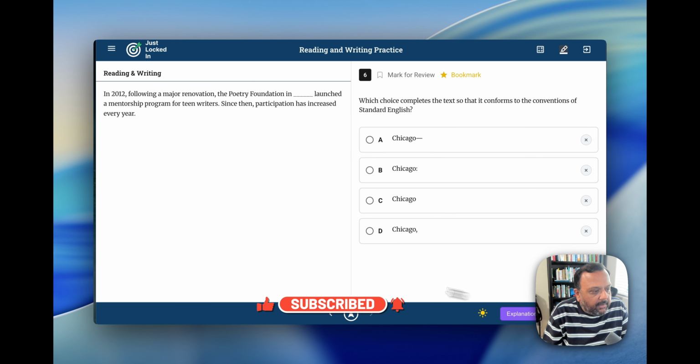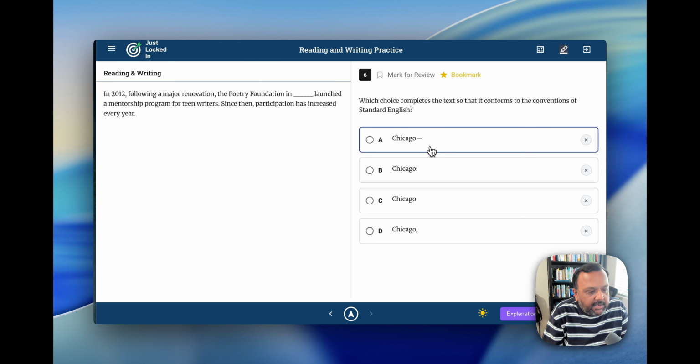Let's go to the next question. In 2012, following a major renovation, the Poetry Foundation in Chicago launched a mentorship program for teen writers. A dash is not correct here, and neither is a colon. There is nothing stated that the second part is expanding upon, and the second part isn't an independent clause. Launched a mentorship program for teen writers is incomplete.